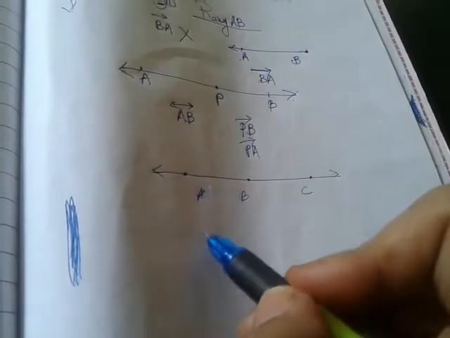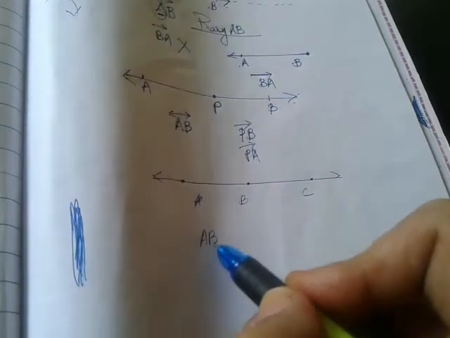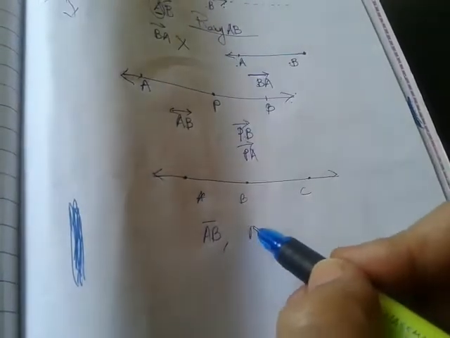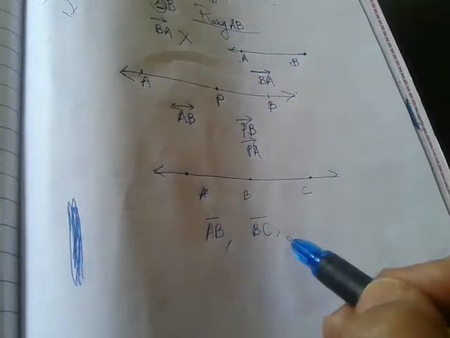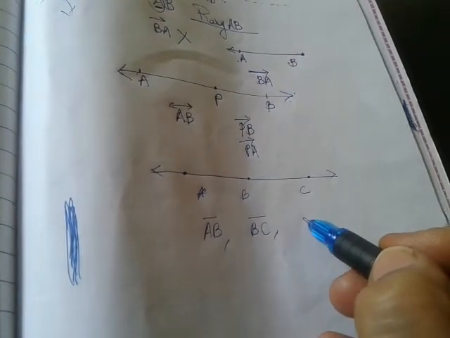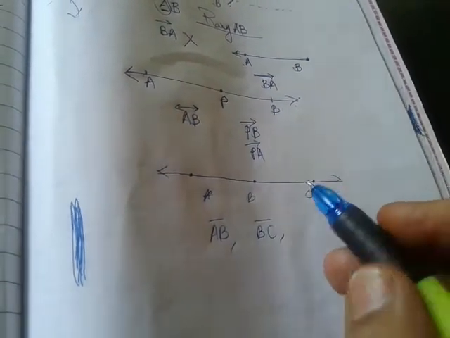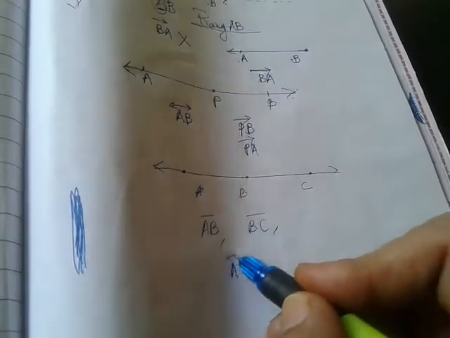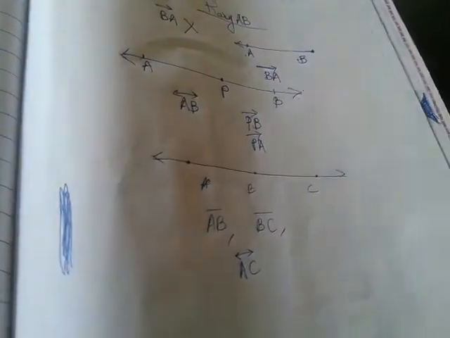So I can say line segment AB, line segment BC, and also line AC. Line AC, not segment. A segment is a limited version. I can measure the length of AB, I can measure the length of BC, but I cannot measure the length of AC because arrows are on both sides, so this is infinite.